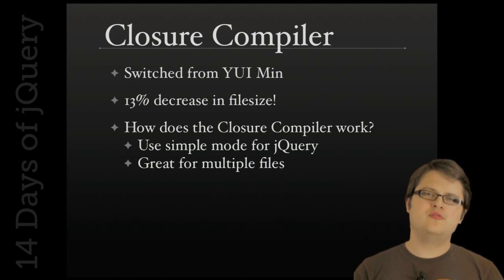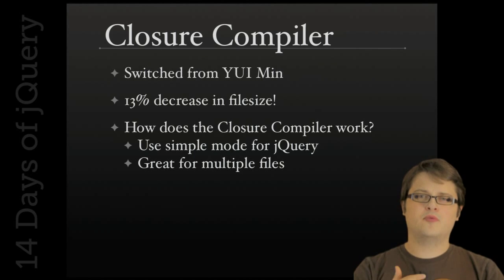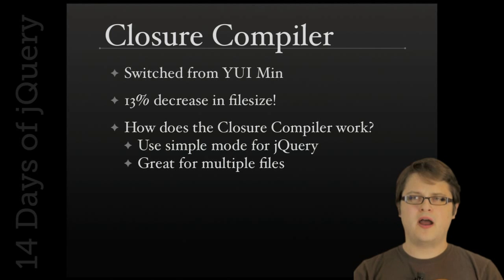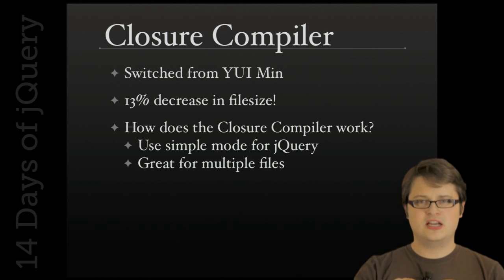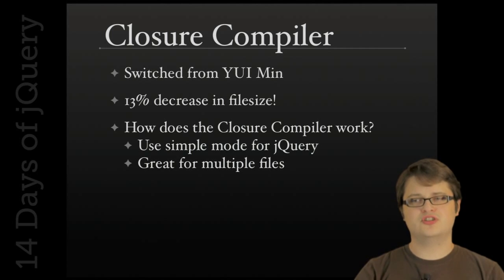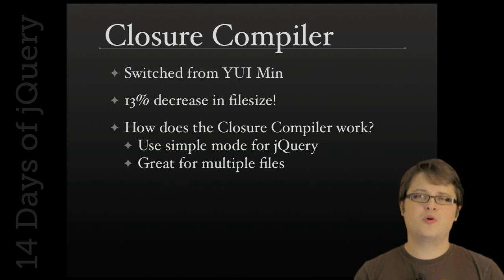And when you put multiple files together, the Google Closure compiler is able to strip out extraneous methods and functions that aren't being used. So you need to be very well aware of what settings you're using when using the Closure compiler. For jQuery, we're just using the simple optimization mode, and that is enough to reduce the file size significantly for us.